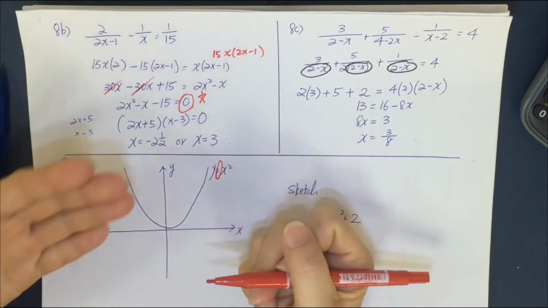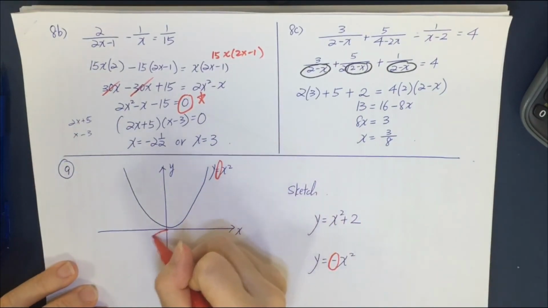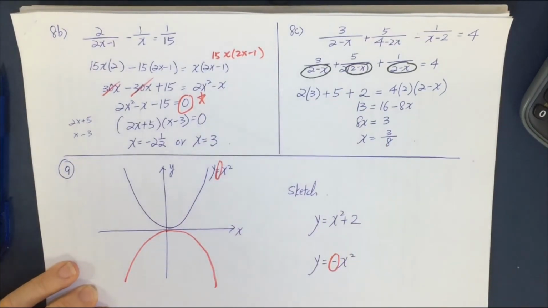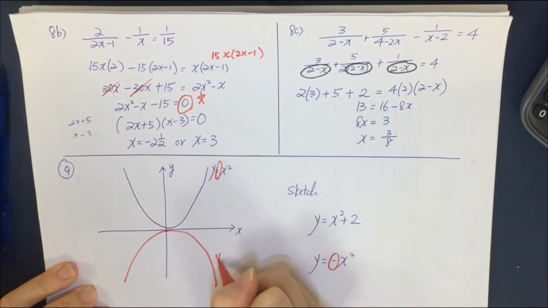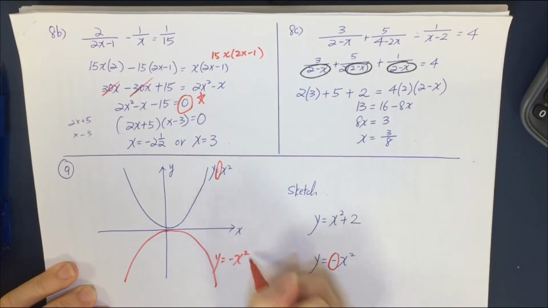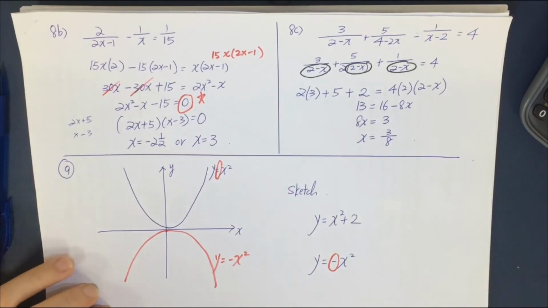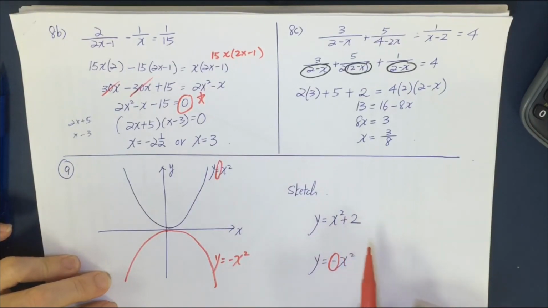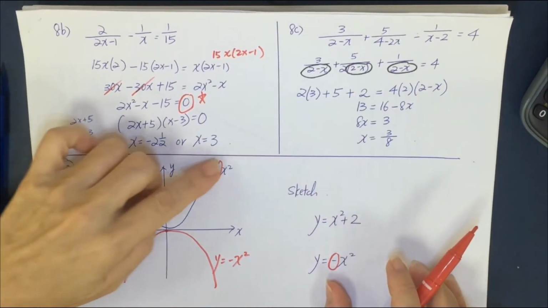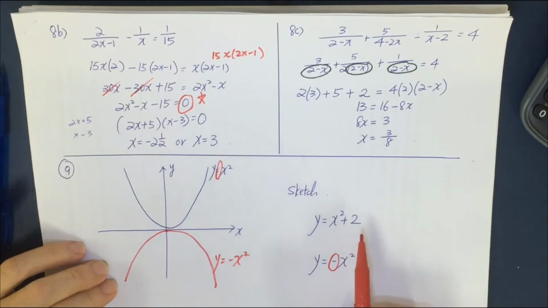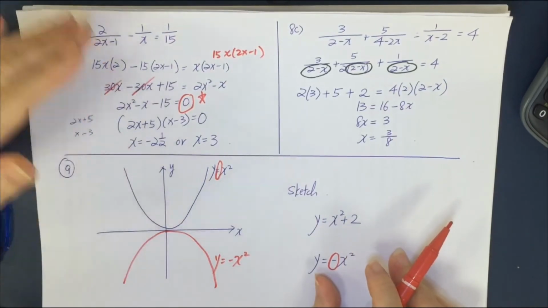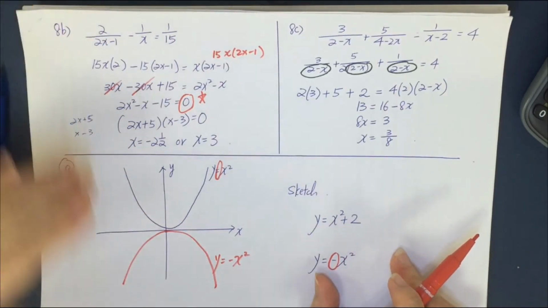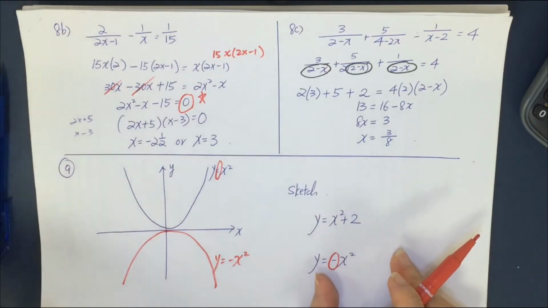So that means you're supposed to do a reflection, so this one is supposed to have the same curvature. So y equals negative x squared. Then the next one, y equals x squared plus 2. Plus 2 means the whole graph moves up. Remember, this is the c. C will determine the movement in the vertical direction.